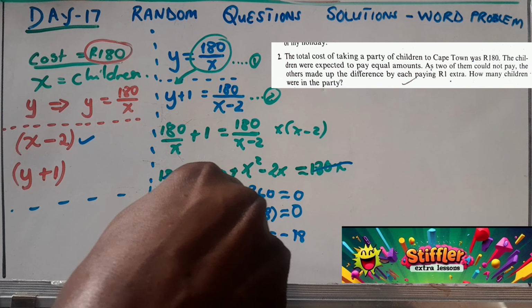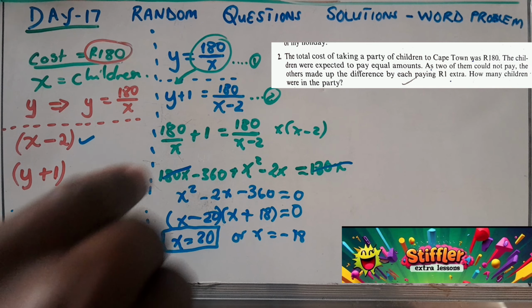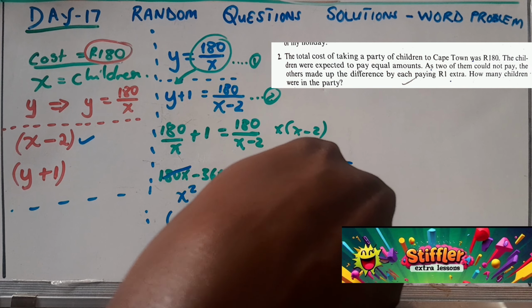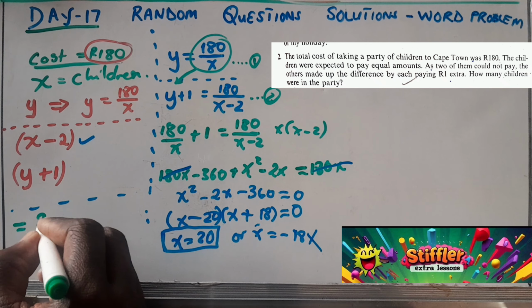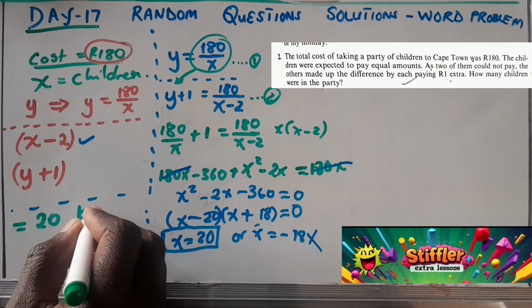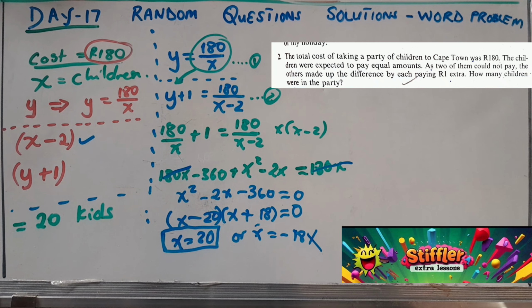But our answer will be x equals 20, because we cannot have a negative number of people, right? So this cannot be correct. So it means that the total number of children going to the party was 20 kids.